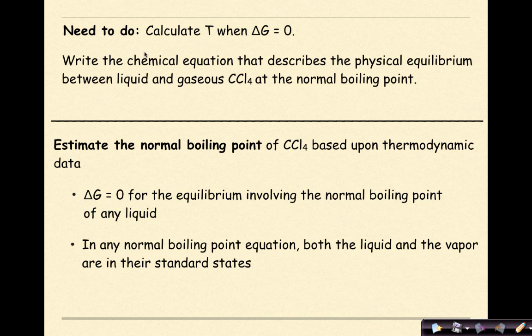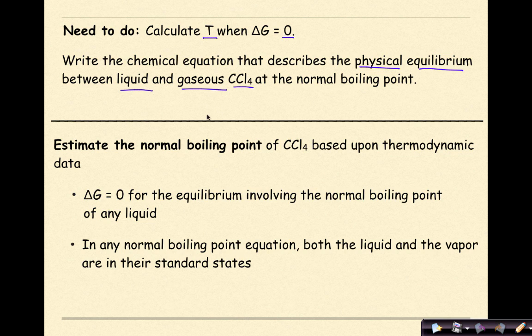So what do we need to do here? We're going to calculate temperature when delta G is equal to 0. So we're going to start off by writing the chemical equation that describes the physical equilibrium between liquid and gaseous carbon tetrachloride at the normal boiling point.